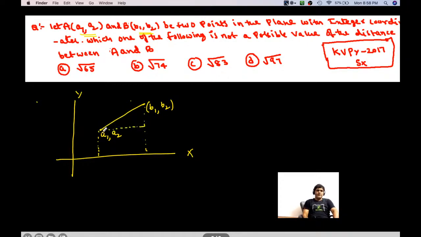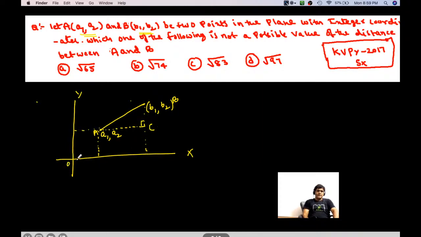This is the method. This is A and this is B. If you drop the perpendicular from A to the line drawn from B parallel to the y-axis, suppose this point is some C. So this angle is 90 degrees.